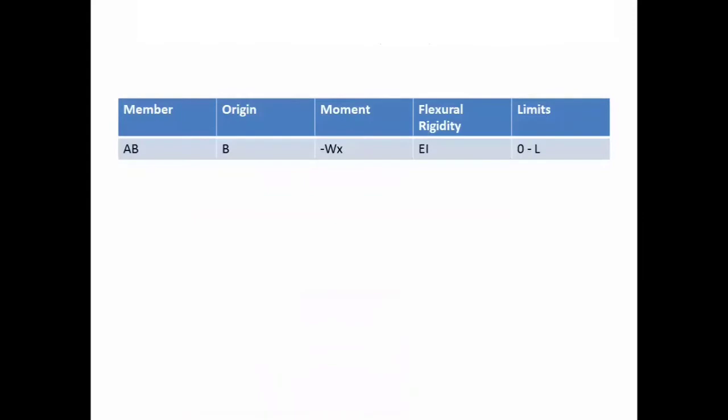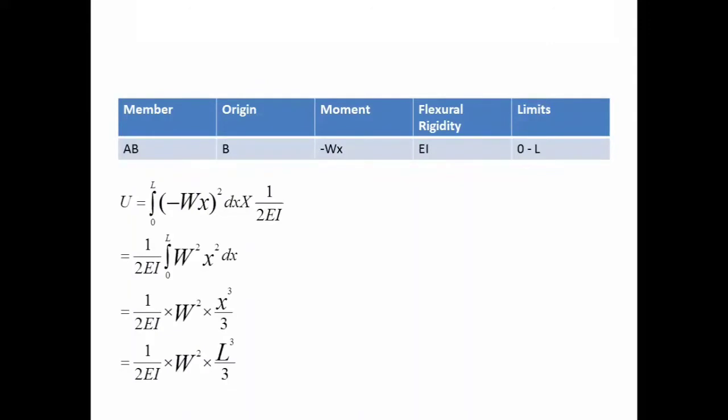Then I have tabulated and summarized the results. I have substituted the M value in the strain energy equation and simplified it further, so I am getting strain energy as W square L cube upon 6 EI.